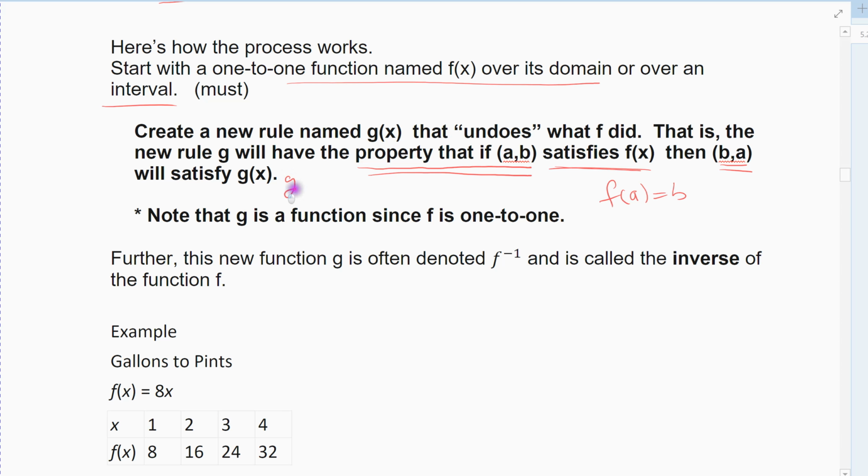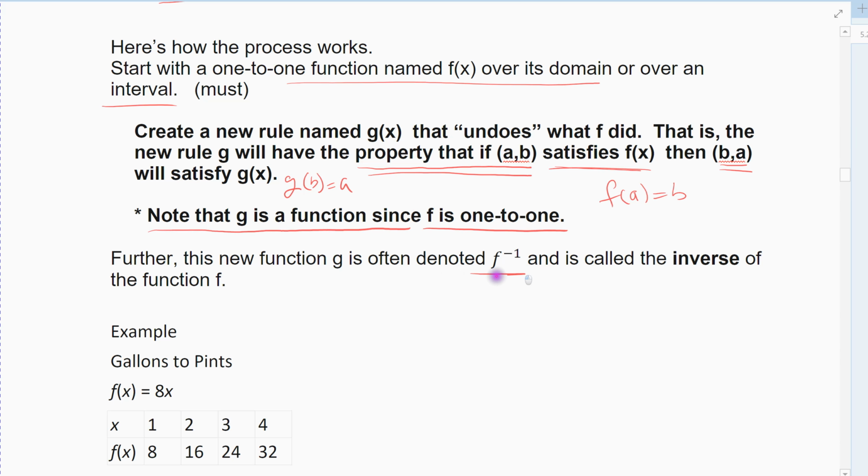And so g will be a function where when I plug b in, I get a out, the exact opposite of the f function. We know g is a function since f is one-to-one.